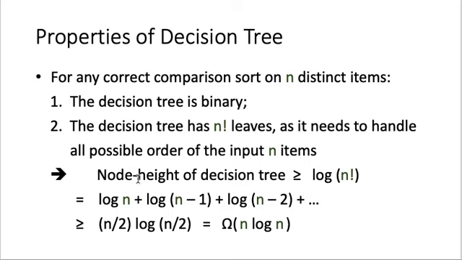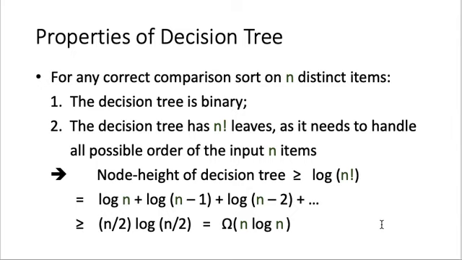But if we check only roughly the first half of them, we will see that the first n over 2 terms each will have values greater than or equal to log of n over 2. So in that case, the sum of these n values will be greater than or equal to the sum of the first n over 2 values. And the sum of the first n over 2 values will be greater than or equal to n over 2 times log of n over 2. So this is of the omega of n log n.